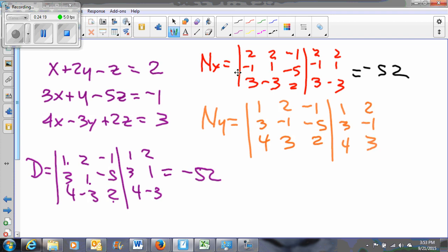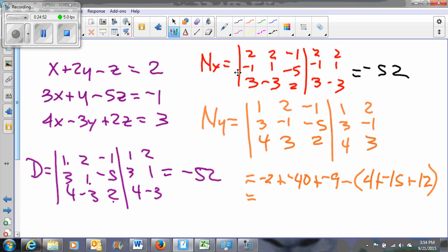Now, 1 times negative 1 times 2 is negative 2, plus 2 times negative 5 times 4 is negative 40, plus negative 1 times 3 is negative 9, and then from that we're subtracting 4 times negative 1 times negative 1, that's 4, plus 3 times negative 5 times 1, that's negative 15, plus 2 times 3 times 2 is 12.